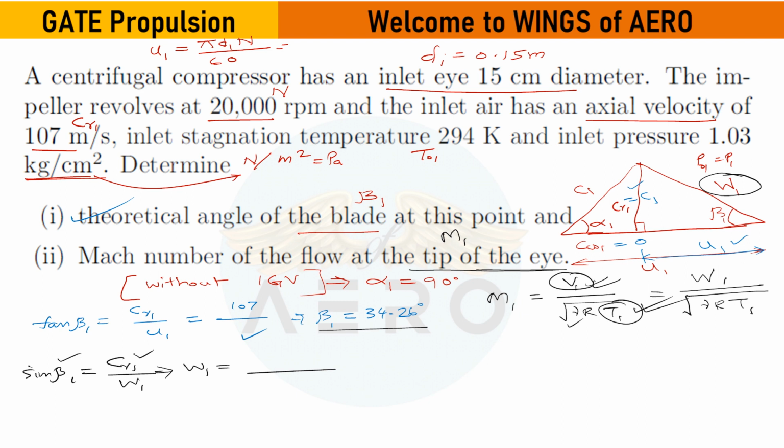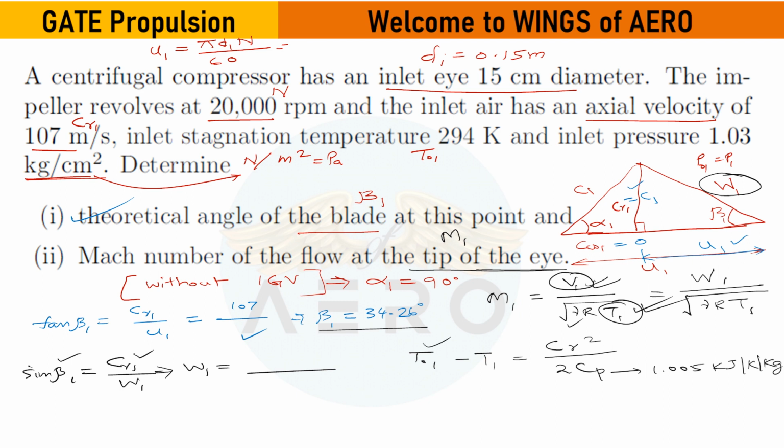Here they have given the stagnation temperature, but we need a static temperature. Again you have to use a relation. Remember this relation; quite some time you have to use it. That is T01 minus T1 equals CR squared by 2 Cp, where Cp is 1.005 kilojoule per kg Kelvin.